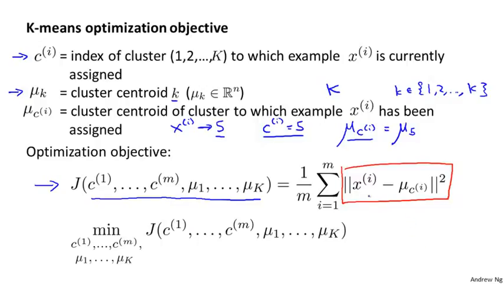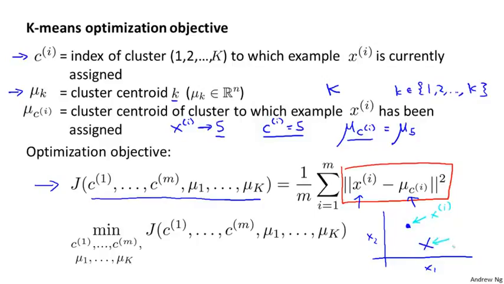So let me explain this. Here's the location of training example x^(i), and here's the location of the cluster centroid to which example x^(i) has been assigned. To explain this in pictures, if here's x_1, x_2, and a point here is my example x^(i), and if x^(i) has been assigned to some cluster centroid, I'm going to denote my cluster centroid with a cross.